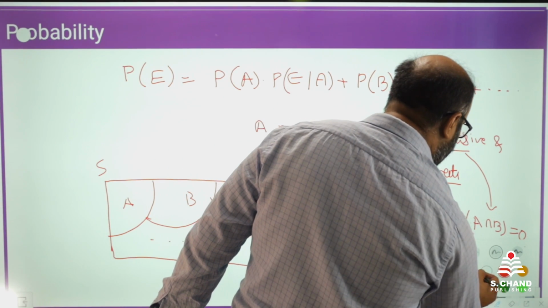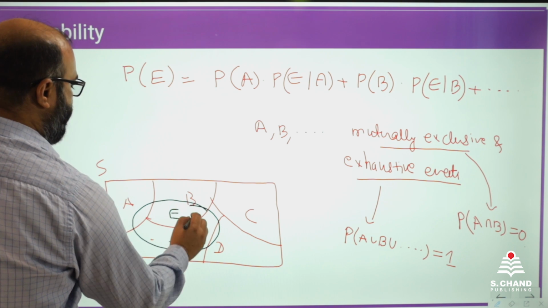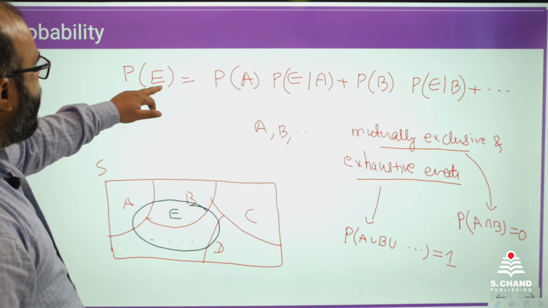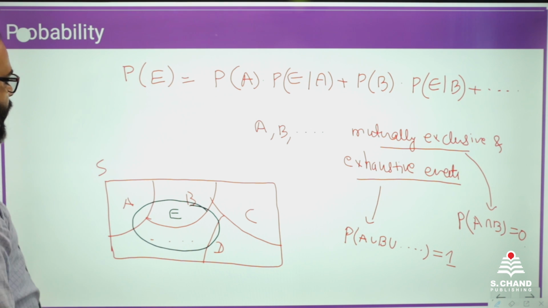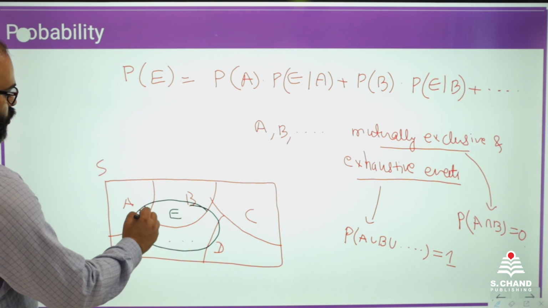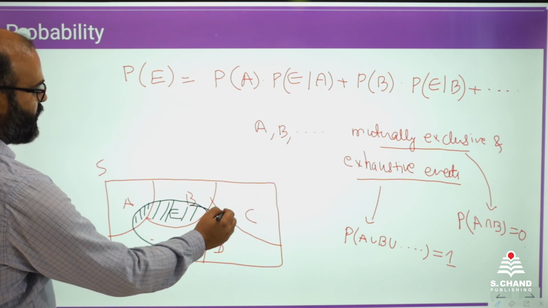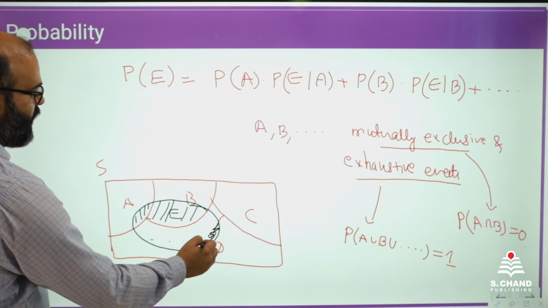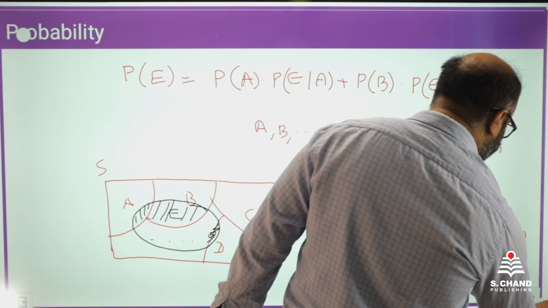Now if we take an event E which is common to many of them, then the probability of occurrence of E is equal to P of A into P of E by A, that is this portion, then P of B into P of E by B, this portion, P of C has no common intersection, then P of D and others. So we keep on writing like this.